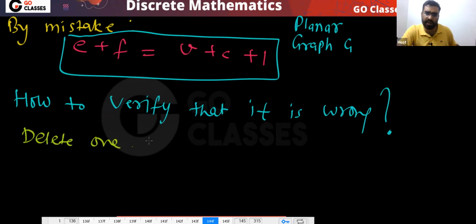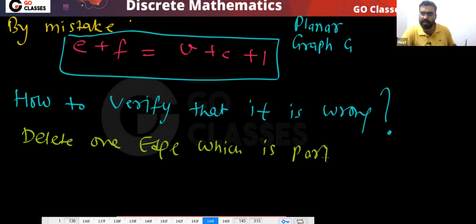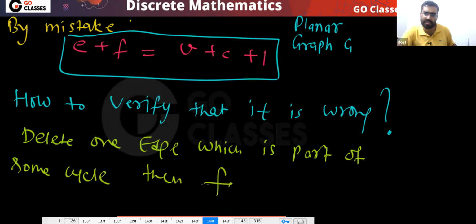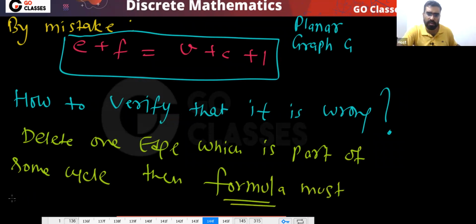Delete one edge which is part of some cycle. Then the formula should balance. Then the formula must balance itself, yes or no? Must balance itself. Agree? The formula must balance itself.